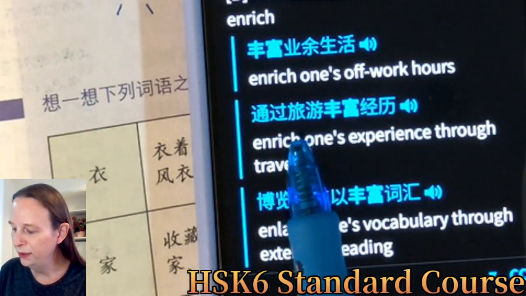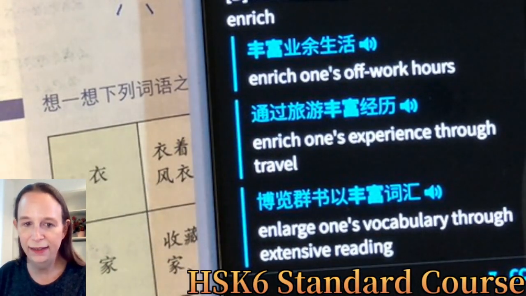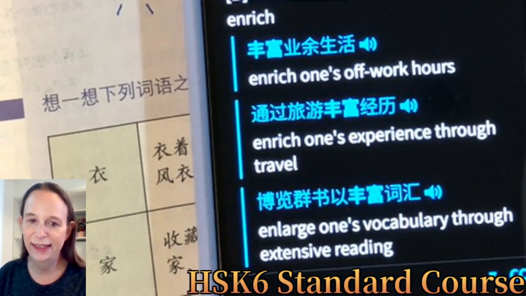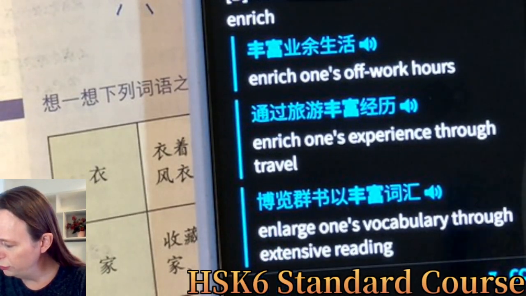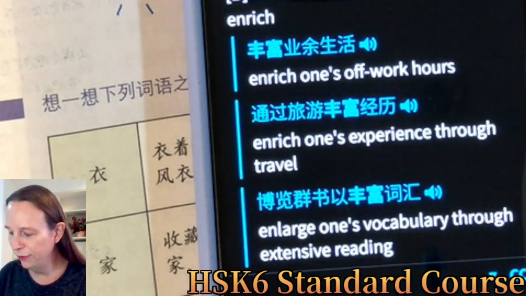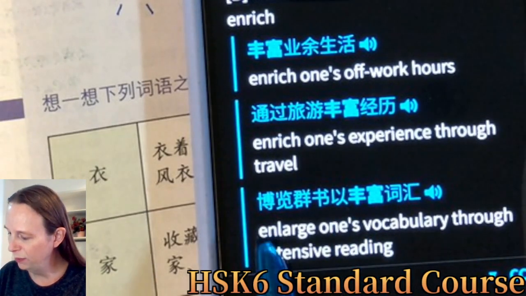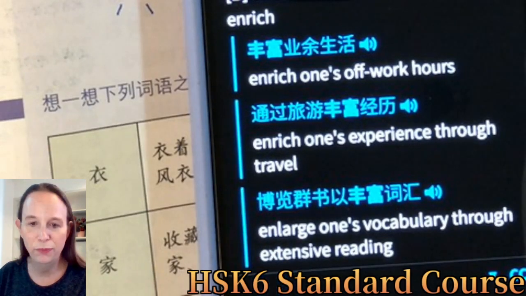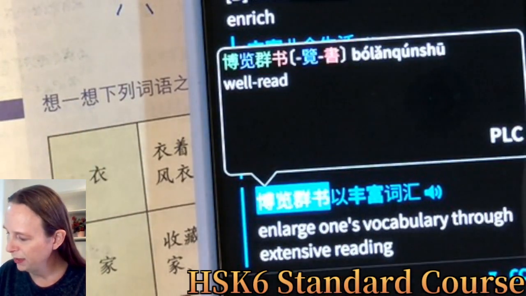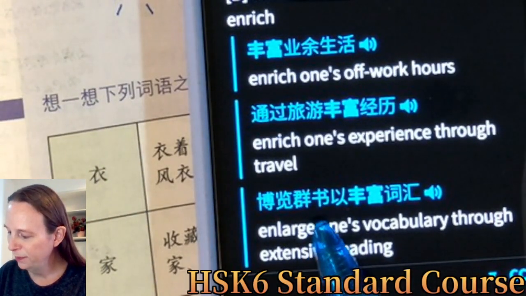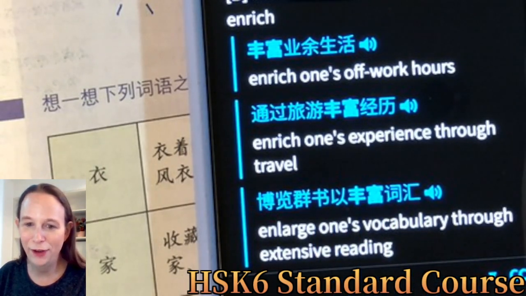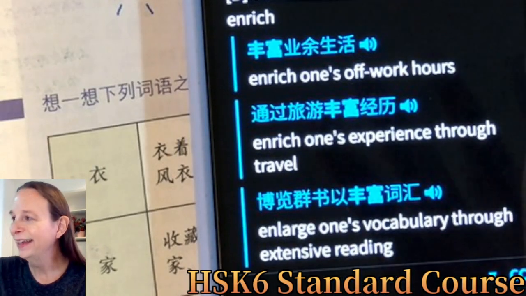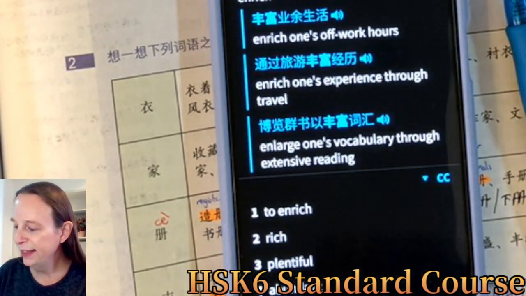Yeah, 通过旅游丰富经历, so enrich your experience like in life. 博览群书以丰富词汇. 博览, meaning this is just broadly reading, is it? 群书, oh, it's just being well read in order to 丰富词汇, like enrich your vocabulary. Yeah. That's a pretty common one.